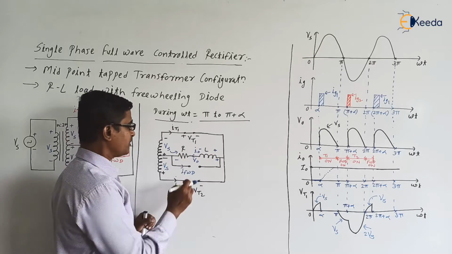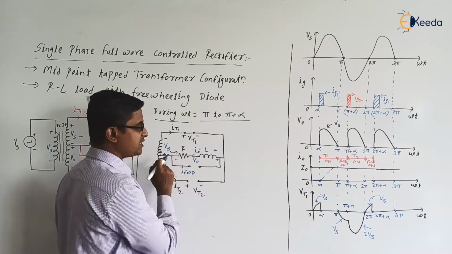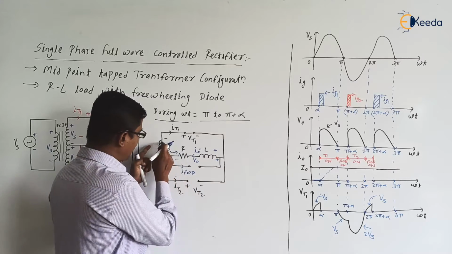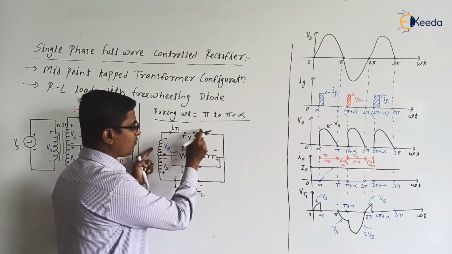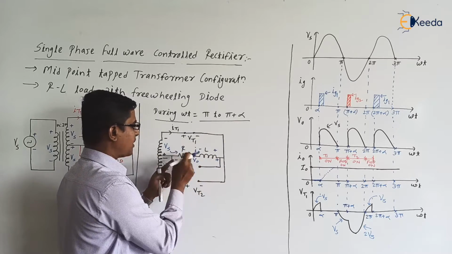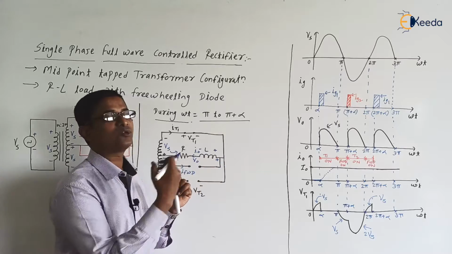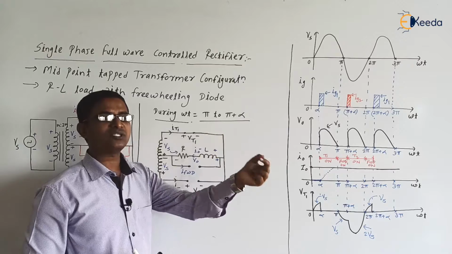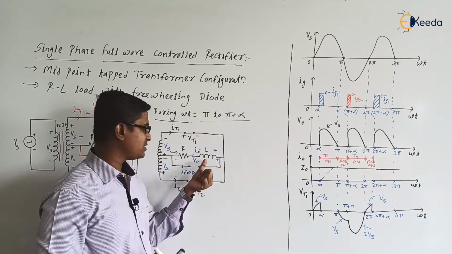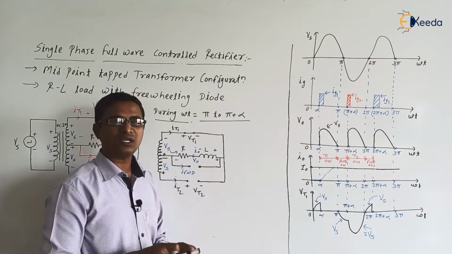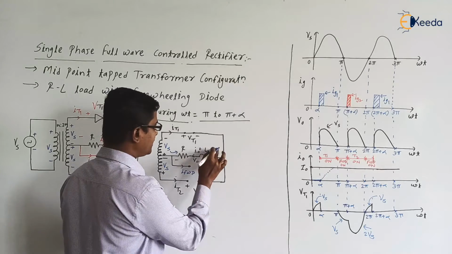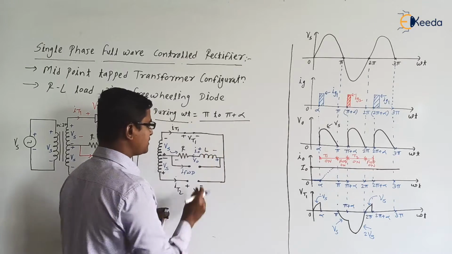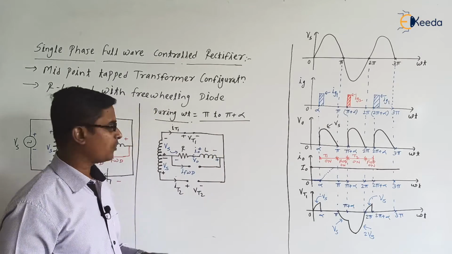But this inductor will oppose the change in the current. The supply voltage is trying to circulate current in the anti-clockwise direction, meaning in this branch it is trying to circulate the current from left to right. At omega t equal to pi it was from right to left, but will the inductor allow a sudden reversal of the current? No. So whatever energy was stored by the inductor from omega t equal to alpha to pi, the inductor will now release.